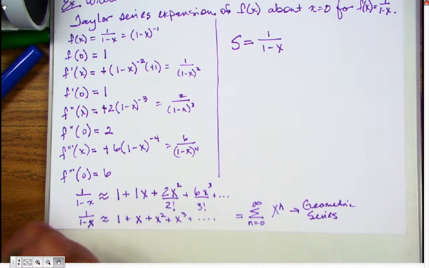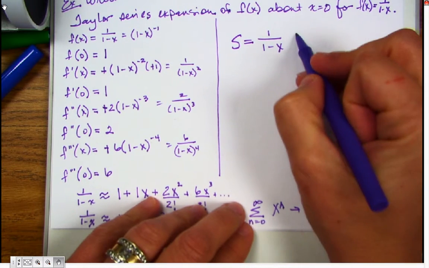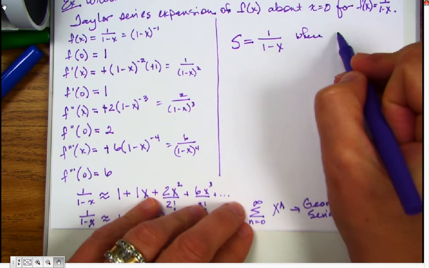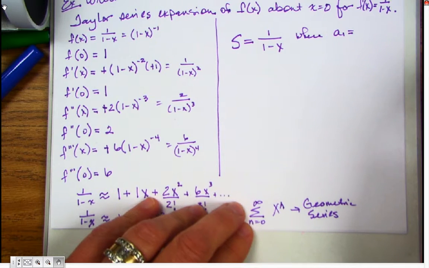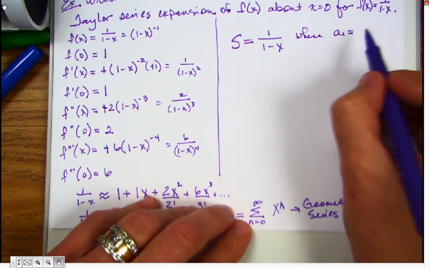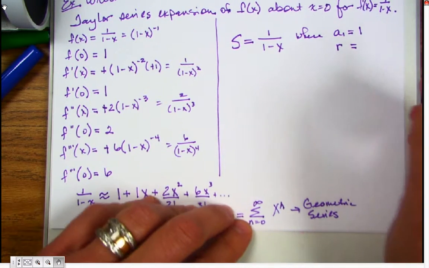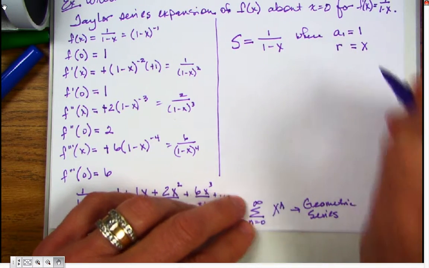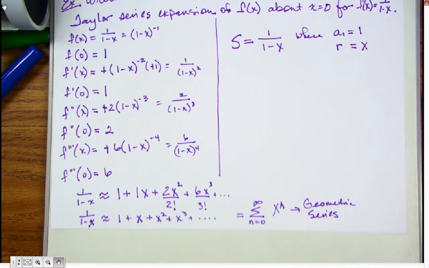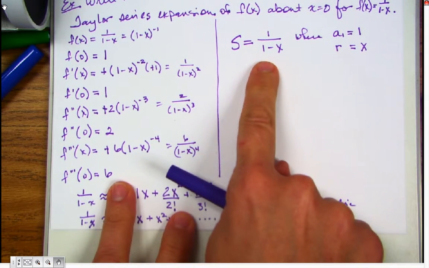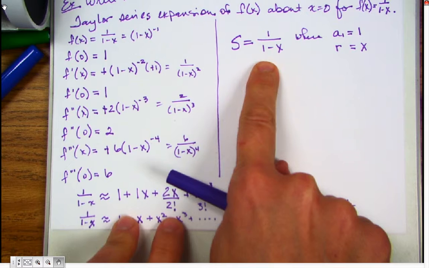That's the sum of the geometric series, where a sub 1 is 1 and r is x. So can you think of an easier way to write that function as a series?